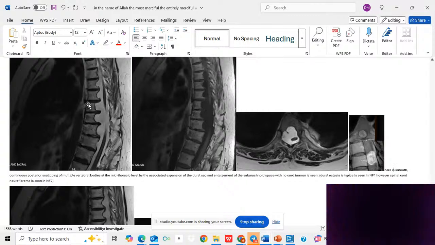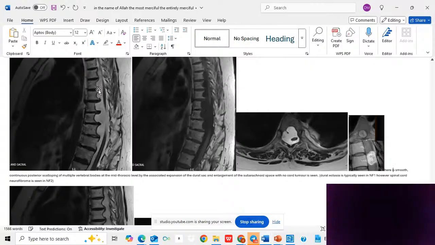Sagittal T2 and T1 weighted images of the thoracic spine showing that there is smooth, continuous, posterior scalloping of multiple vertebral bodies at the mid-thoracic level.